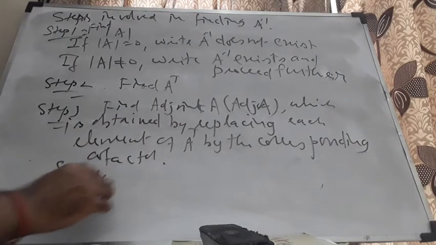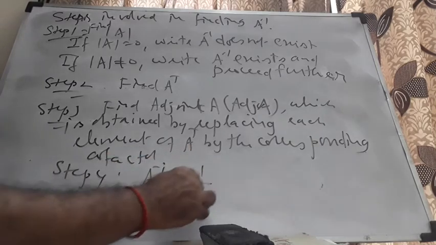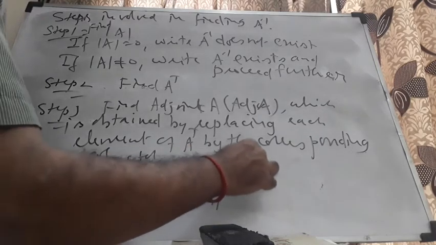Step 4, A inverse equals 1 by determinant A into adjoint A.